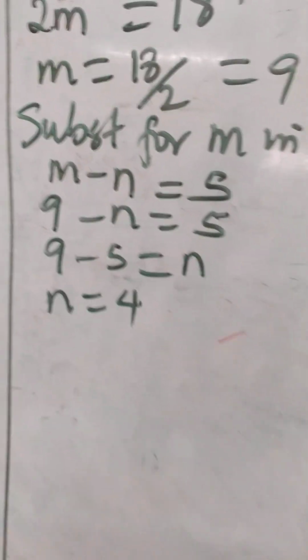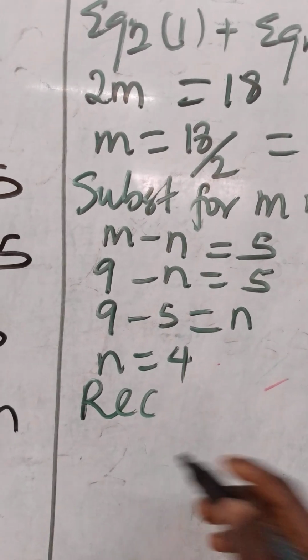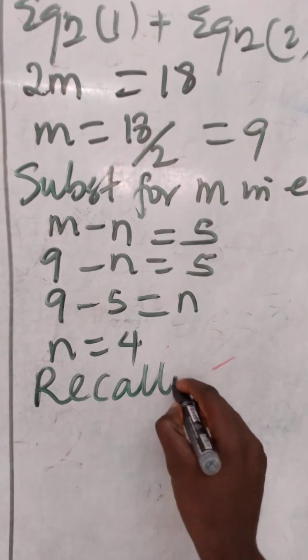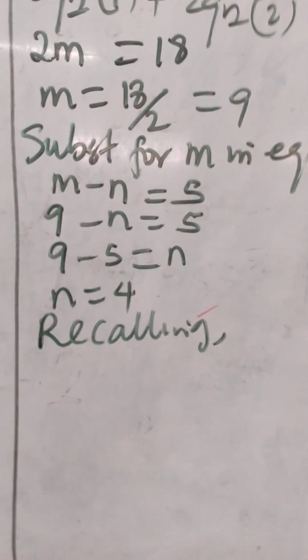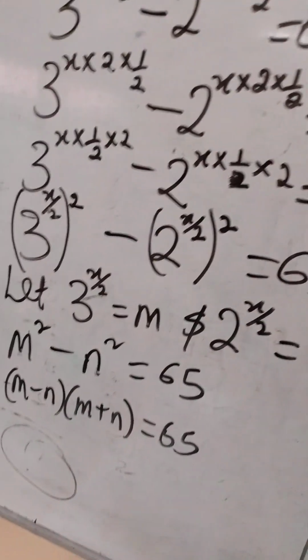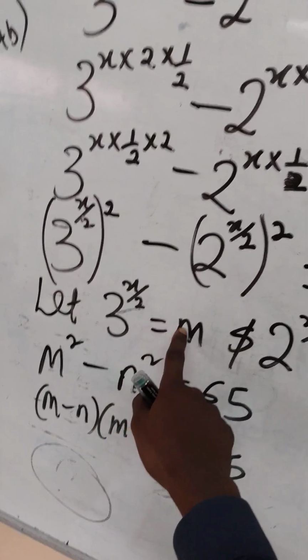So let's now go back and substitute. We have not gotten the value of s, we only got m and n. Recalling, we said before that 3 raised to the power s over 2 should be equal to m.